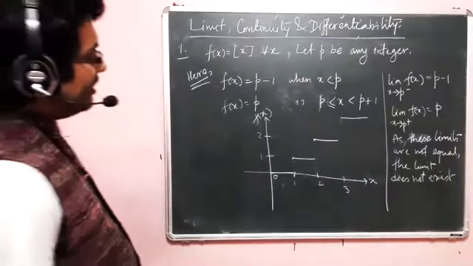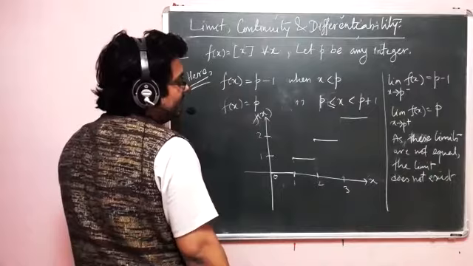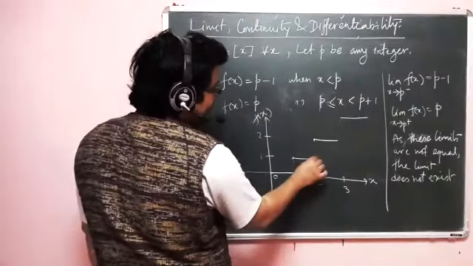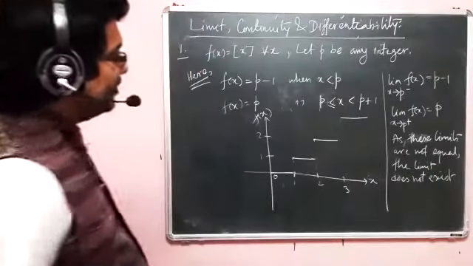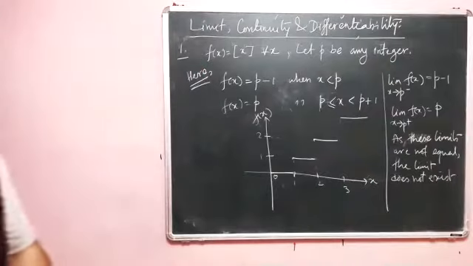Because to see geometrically, if I make a neighborhood, then I'll not be able to find that. So this is how it works. So let's go to the second one.